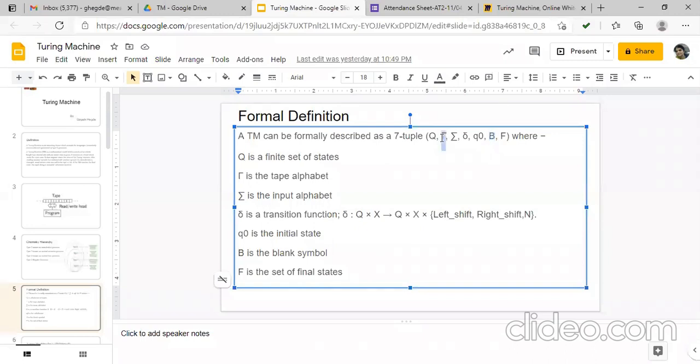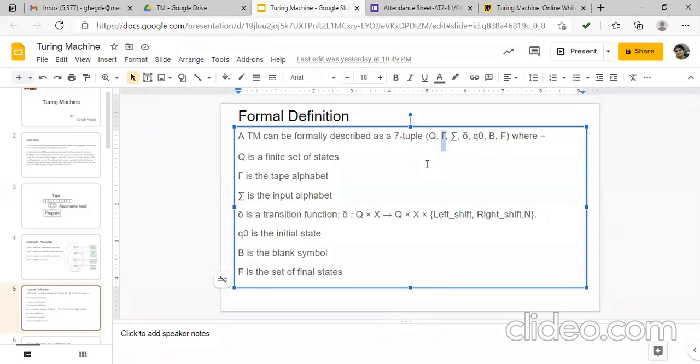Okay, then coming to this tau. Tau in PDA, what does it represent, students? Do you remember what tau represents in PDA? Quickly.